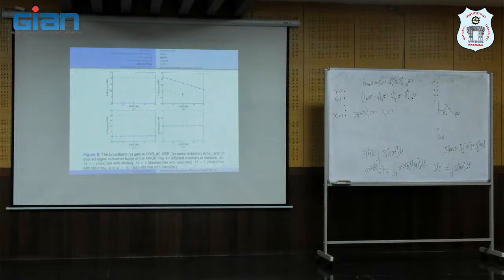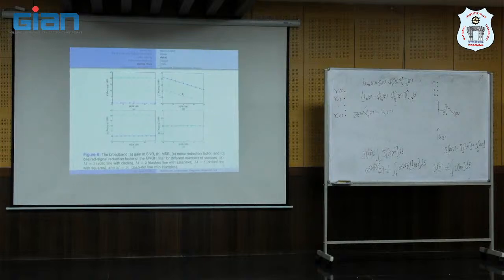So you see that the noise reduction increases when we increase the number of sensors. And the gain in SNR also increases because they are together. Distortion, we don't have any distortion because it's designed according to the constraint of 0 distortion. And the MSE reduces when we increase the number of sensors for a given input SNR.